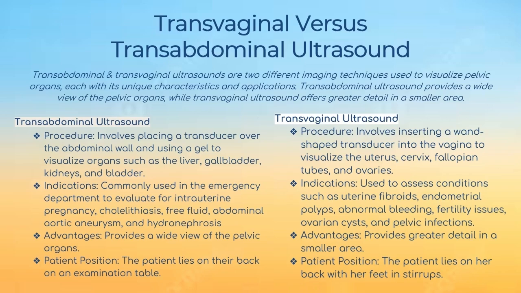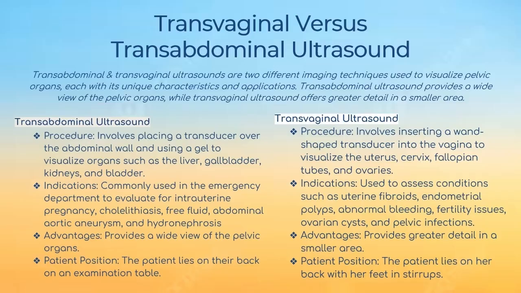Indications commonly used in the emergency department are to evaluate for intrauterine pregnancy, cholelithiasis, free fluid, abdominal aortic aneurysm, and hydronephrosis. There are many advantages, one of them being that it provides a wide view of the pelvic organs. Patient position: the patient lies on their back on an examination table.